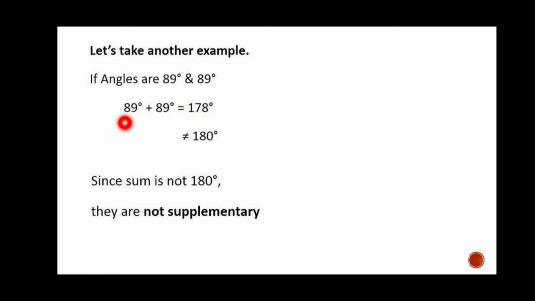If we add these two values, 89 plus 89, we get the sum 178 degree, which is also not equal to 180 degree. Since the sum is not 180 degree, they will not be supplementary angles. So we can conclude that if both the angles are acute angles, their sum will not come 180 degree and they will not be supplementary angles.